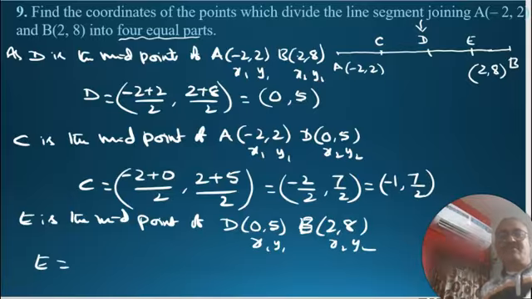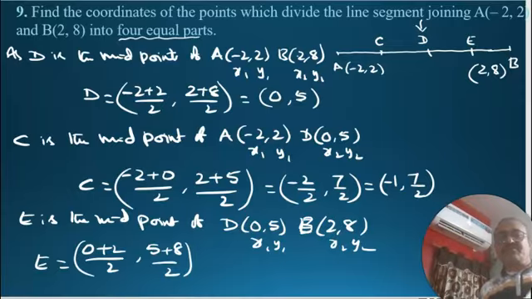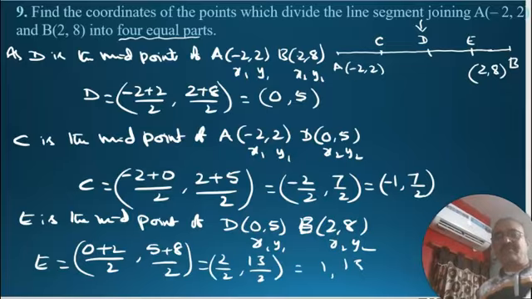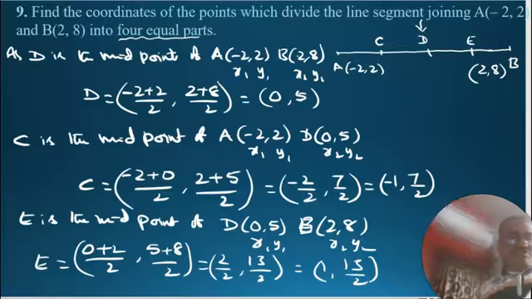Now E is x1 plus x2, 0 plus 2 by 2, comma, y1 plus y2, 5 plus 8 by 2. So 0 plus 2 by 2 is 2 by 2, and 8 plus 5, 13 by 2. That is equal to 1 comma 13 by 2.